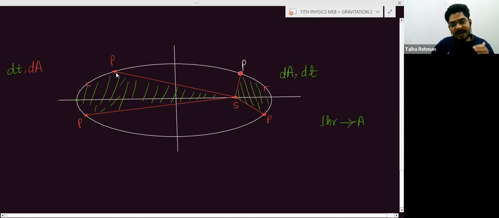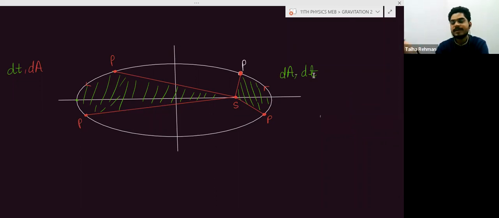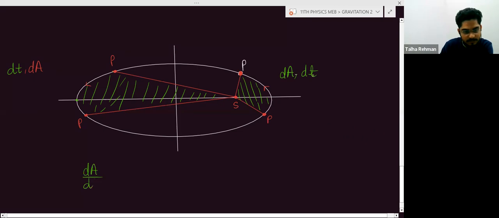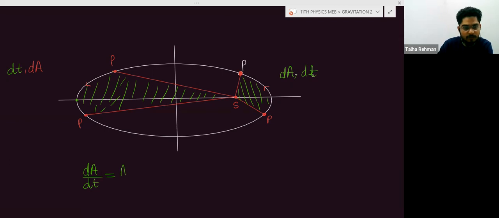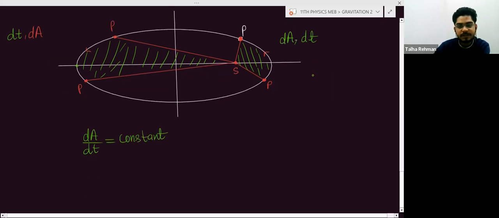When the planet moves from here to here, in 1 hour it will sweep again equal area A. So basically what is constant? dA by dt is constant. The rate of sweeping area is constant, and that rate of area sweeping is known as the aerial velocity. So dA by dt is equal to constant, and this dA by dt is the aerial velocity.